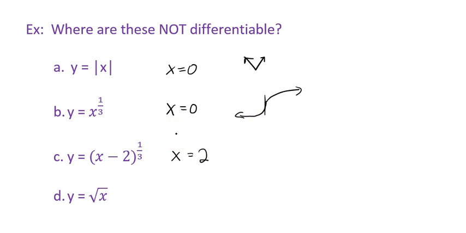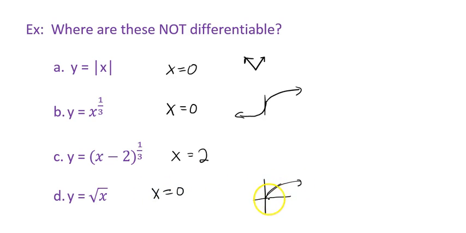Okay, what about the square root of x? This is also one of the toolbox functions you're supposed to know. It's not in the negatives. Remember that this graph is like half of a parabola turned sideways. Where would the problem be? It would also be at 0.